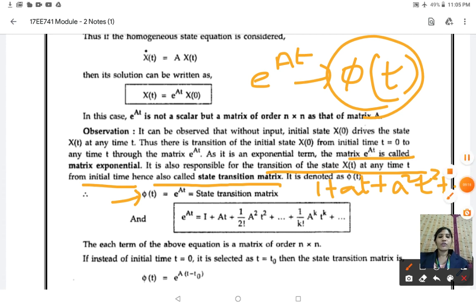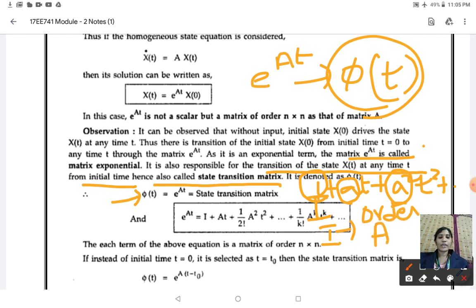Here instead of 1 you can write it as I. Why? Because A is your matrix. Here A square is also a matrix. So you cannot add a constant with the matrix. So it is our responsibility to convert this 1 as your identity matrix, whose order is equal to the order of the matrix A.